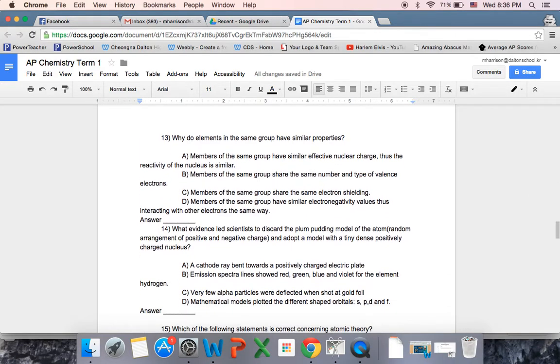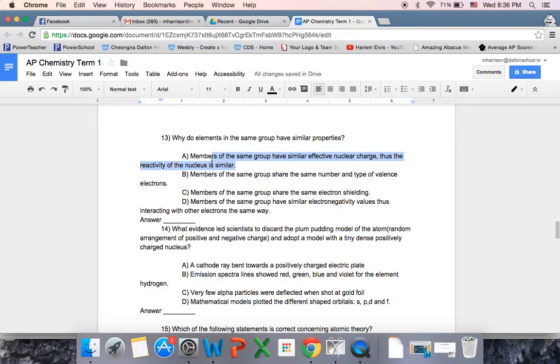13. Why do elements in the same group have similar properties? Well, the reason that they have similar properties is that they have similar numbers of valence electrons. This means that they would likely undergo similar types of reactions. Looking at the options, though, we can rule several of these out.